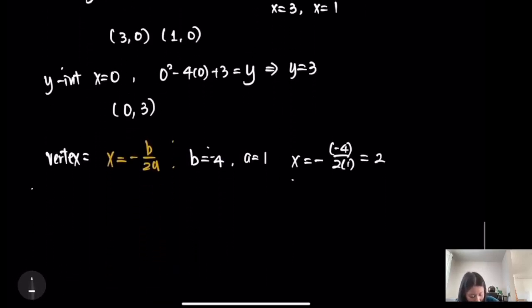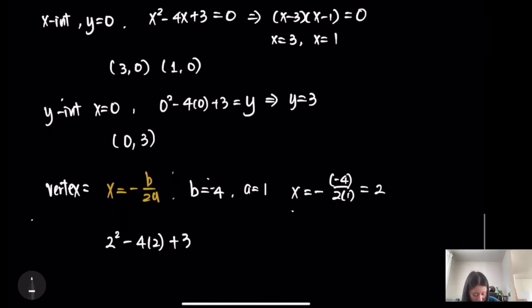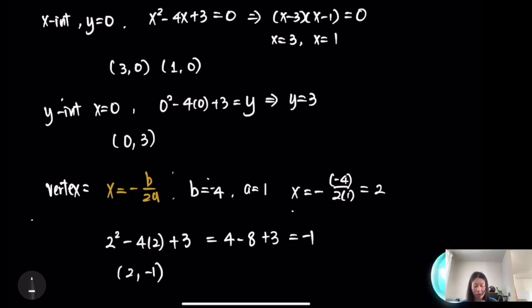So x equals 2, I have 2 squared minus 4 times 2 plus 3. So this is 4 minus 8 plus 3. So I have the y coordinate negative 1. So that means our vertex is (2, negative 1).